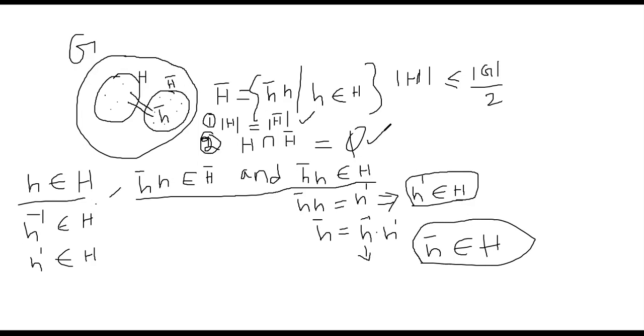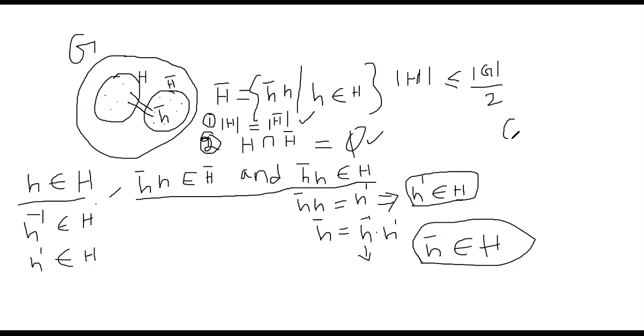Okay, now we can prove the major theorem that the number of elements in the subgroup is bounded by G by 2. Now how do we prove that? In order to compute the number of elements in this group, we need to compute the number of elements in disjoint sets. Okay, and what are the disjoint sets we have? We have two sets at least, H and H bar. There may be more disjoint sets, but we don't care.